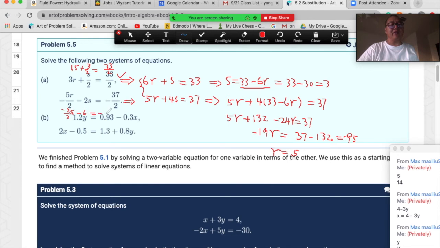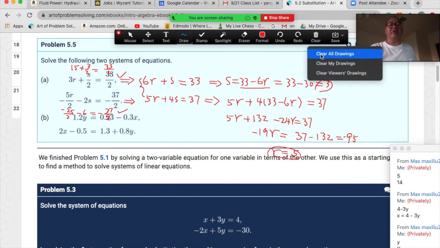It gives us negative 2, then this was 12. Negative, okay? When you take a negative out, both numbers left will be positive. So 25 plus 12, 37. So the second equation is also satisfied. That means r equals 5 and s equals 3 are the solution of this system of equations, right?